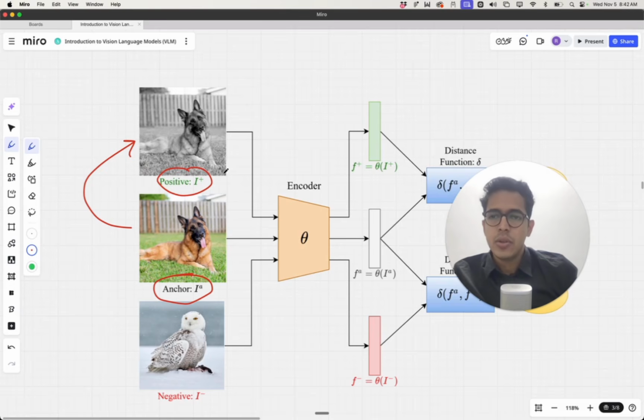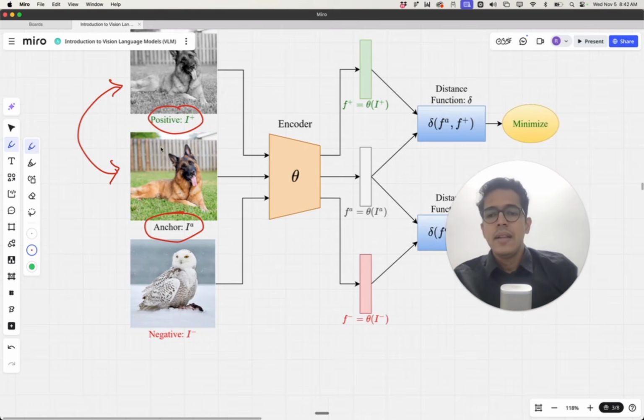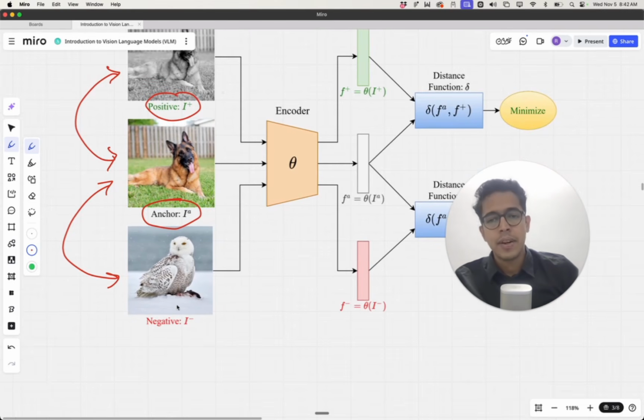As a human, you can see that it's exactly the same image, except it's black and white. This is called a positive pair. These two images are positive pairs because you are performing some sort of transformation to construct this positive image. On the other hand, these two images are negative pairs because this is a completely different image. It's not the same animal.